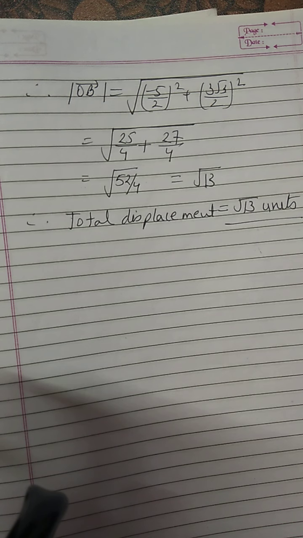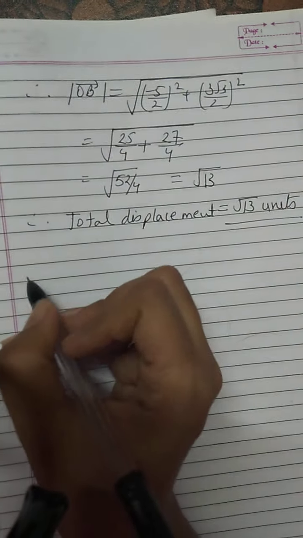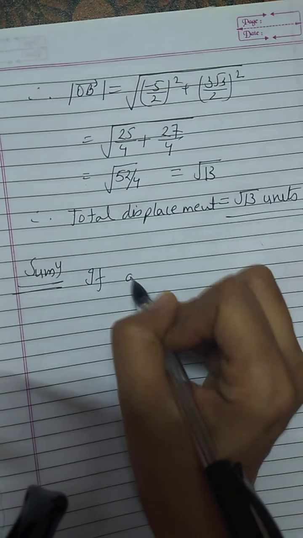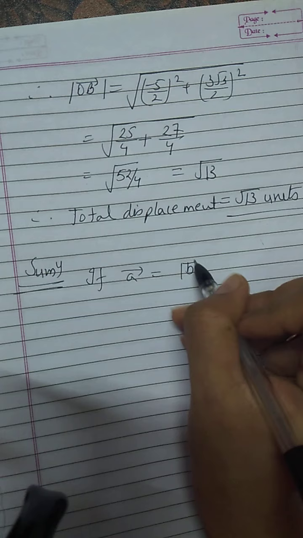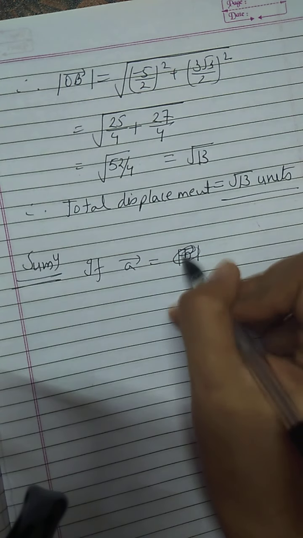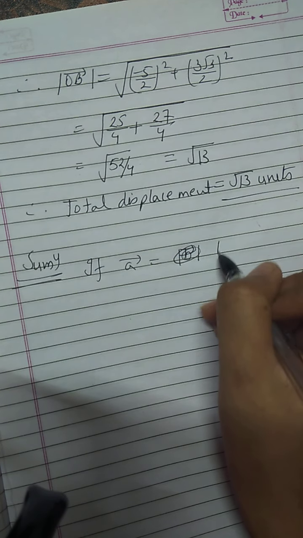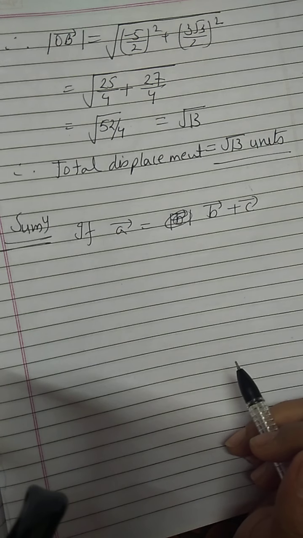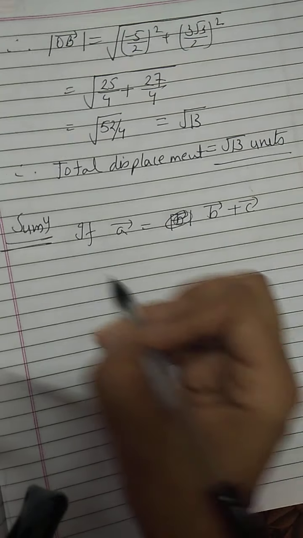Justify your answer. So we will just take the given thing, vector A equals vector B plus vector C, and we will check whether it comes out true or not. Okay, let us start the sum. Sum number 4: it is given that vector A is equal to vector B plus vector C, and we have to take the magnitude.